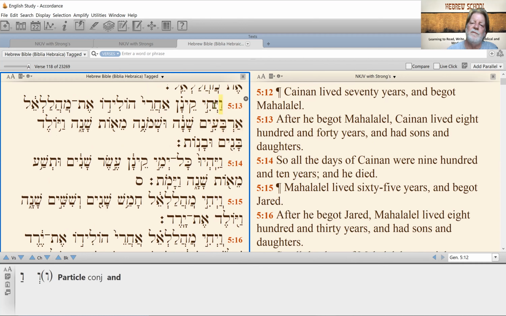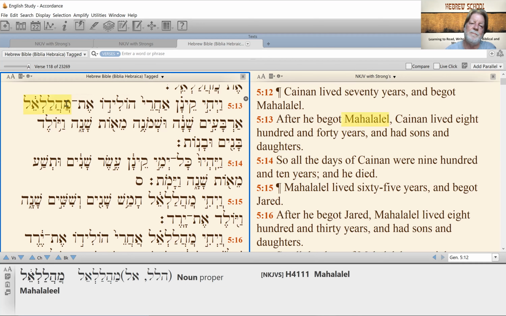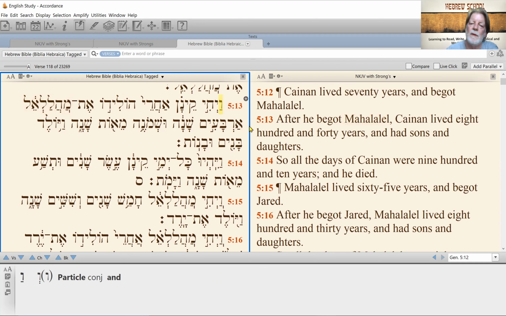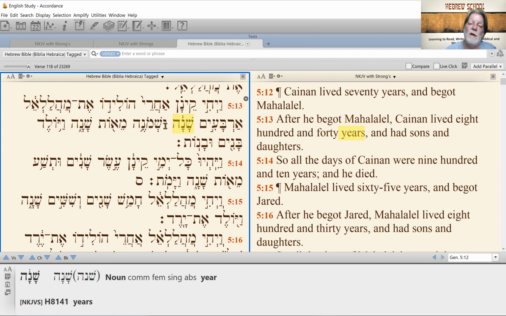Verse 13, Vayachi, and lived Canaan, Ahare, after Holido, he caused to be born, Et Mahalalel, Mahalalel was his son's name, Arbaim. Arba is the Hebrew word for four in the plural. Arbaim, it's 40 shana, years.